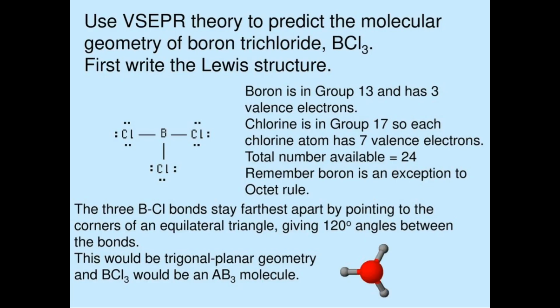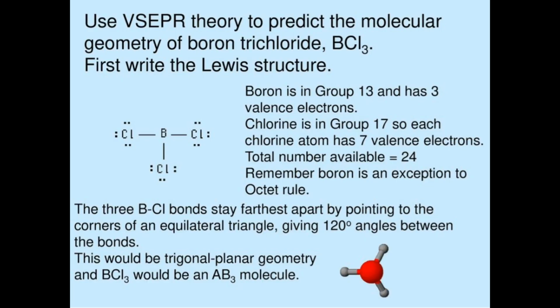Boron is in group 13 and has 3 valence electrons. Chlorine is in group 17, has 7 valence electrons. So the total number available when we combine them together will be 24.